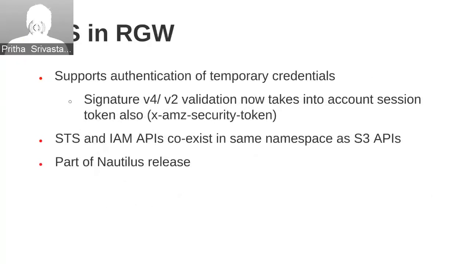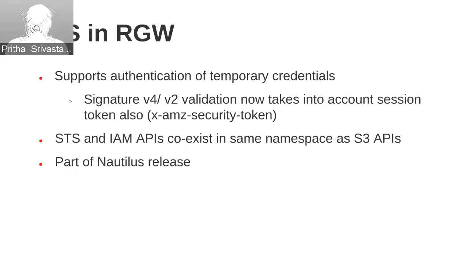And now RGW also supports the authentication of these temporary credentials that are returned by STS, which means that the signature v2 and v4 calculation logic in RGW takes into account the session token which comes in as part of the request in the form of the X-Amz-Security-Token header.